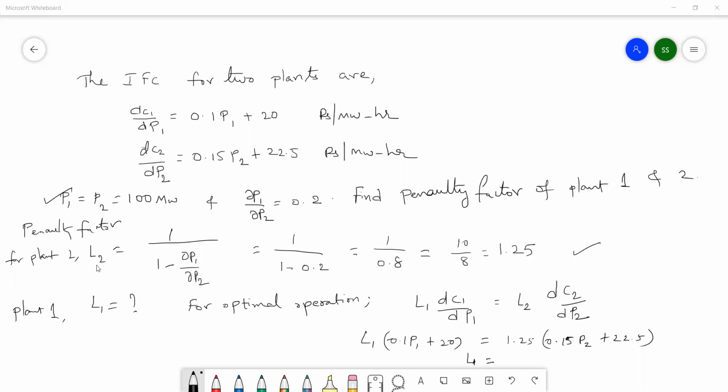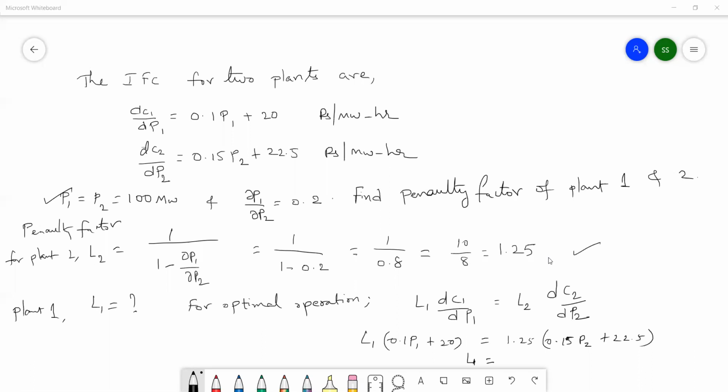The system operated at P1, P2 equal to 100 megawatts, and dou P1 by dou P2 given as 0.2, and we need to calculate the penalty factor for plants 1 and 2. By directly substituting dou P1 by dou P2 in the penalty factor formula, we get 1.25 as the penalty factor for plant 2.